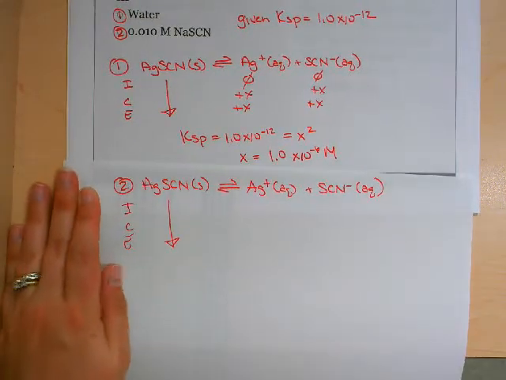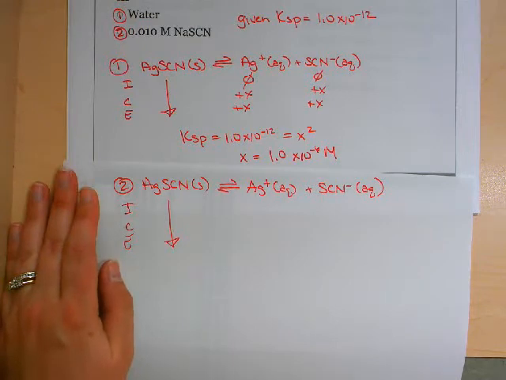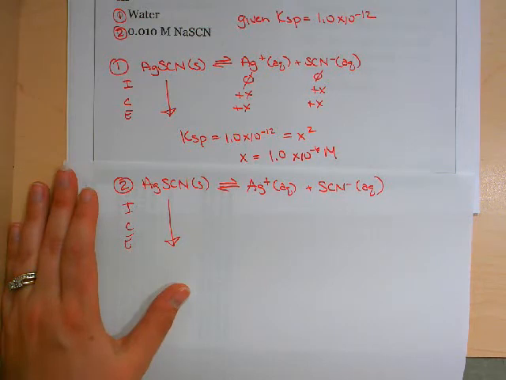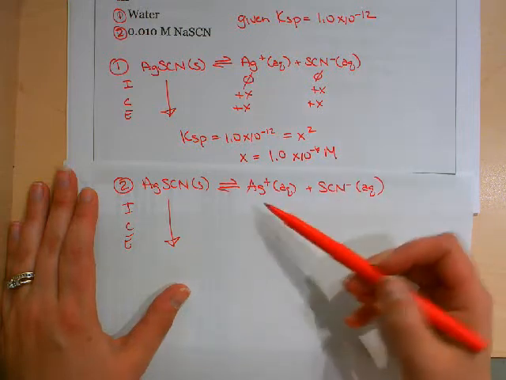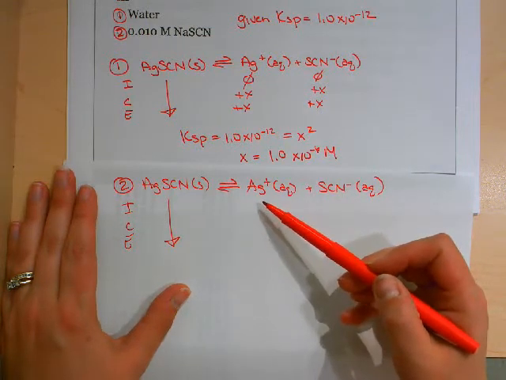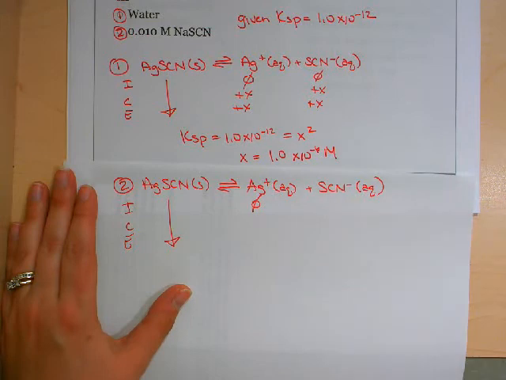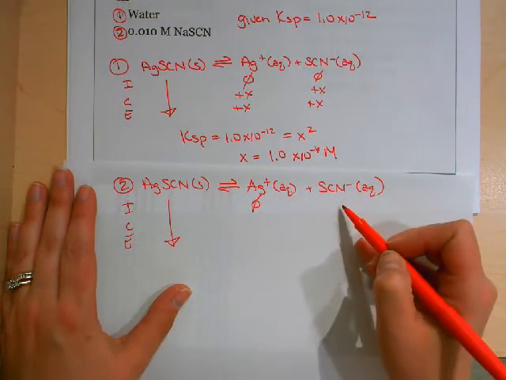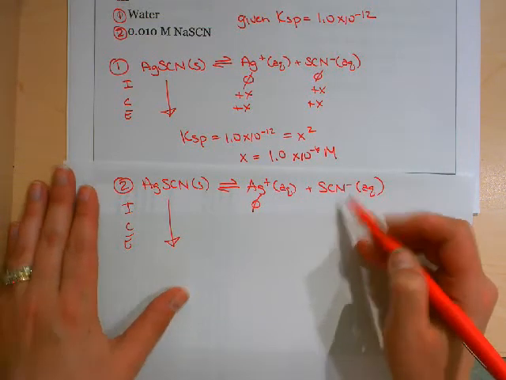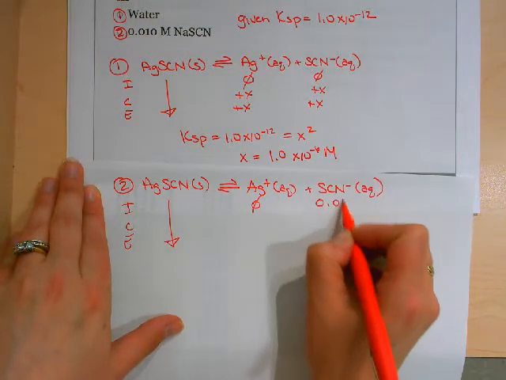Alright, so now I have 0.1 molar sodium thiocyanate also in my solution. Where do I put that information? Did I add any more silver to the solution? No, right? So that's still 0. What is now the initial concentration of thiocyanate? Okay, 0.010.